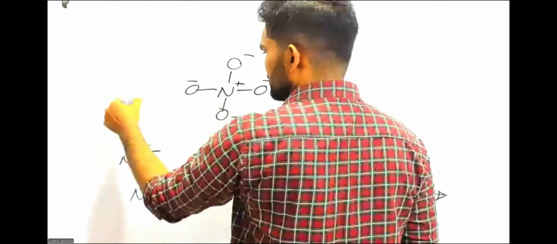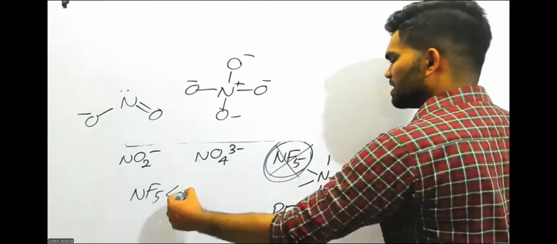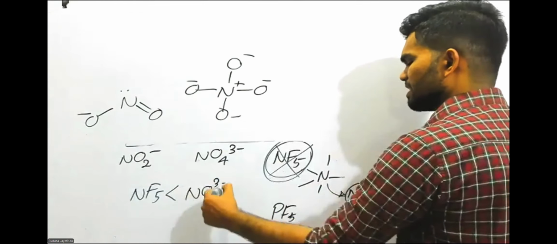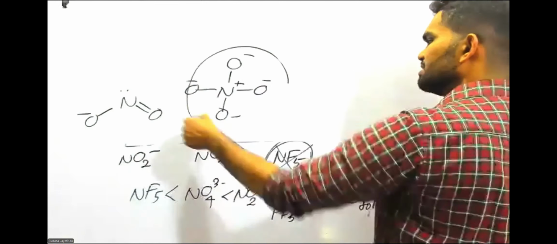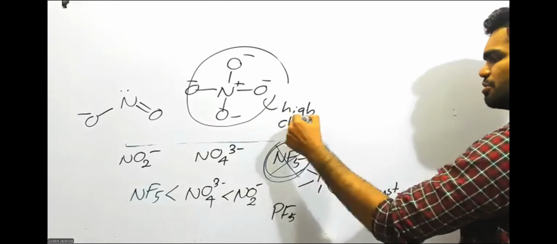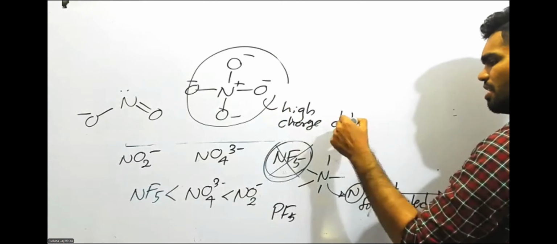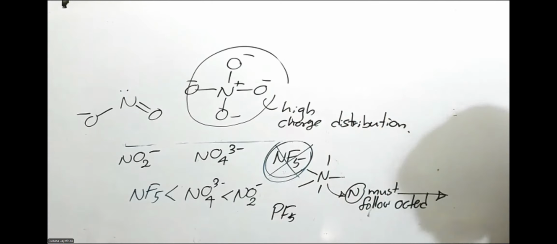But NO2 minus is not like that. So the next one is NO4 3 minus, and NO2 minus will be better than that. Why is this unstable? The reason is high charge distribution. Because of that, this is unstable.